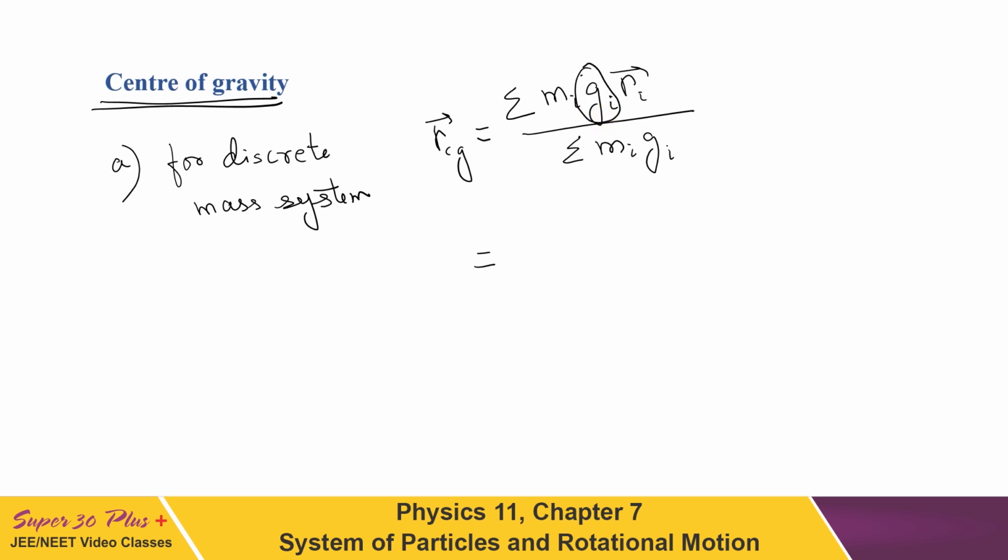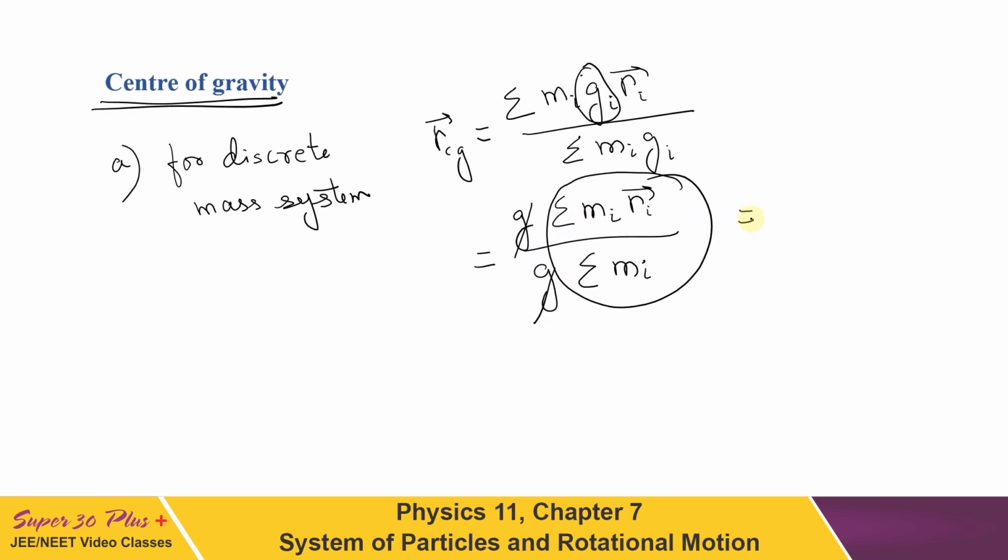If it is the same, then of course we can take it outside, because if it is constant we can take it outside and then write this to be equal to summation of m_i r_i. In the denominator also g, if it can be taken outside, this will be summation of m_i, and now this term, because these two got cancelled, will be equal to R_CM. From here now we can conclude that if g is constant all over the body, then of course the center of gravity will have the same location as the center of mass.